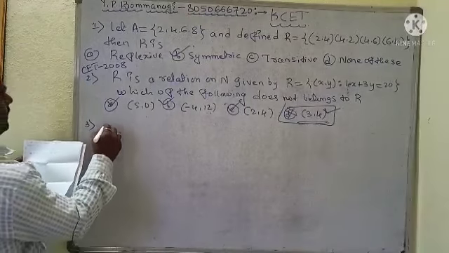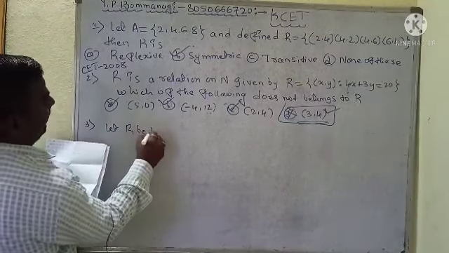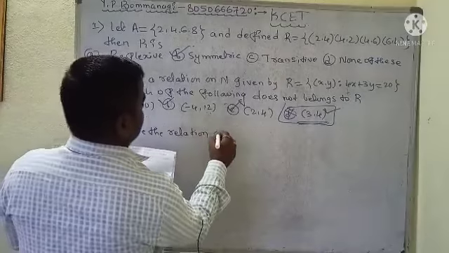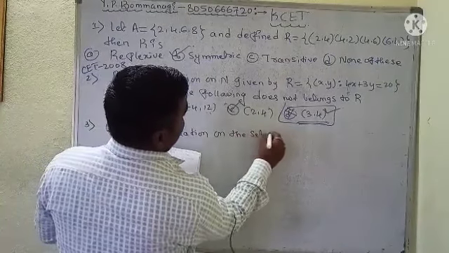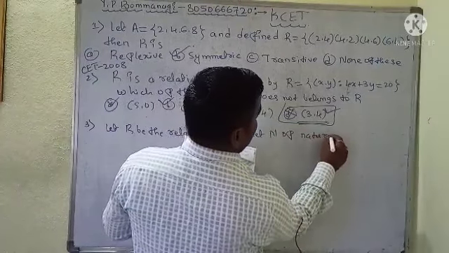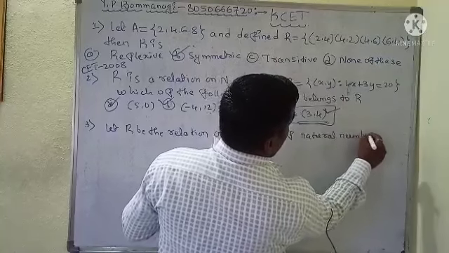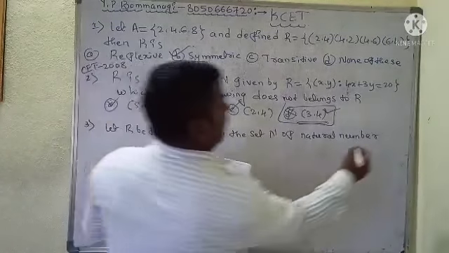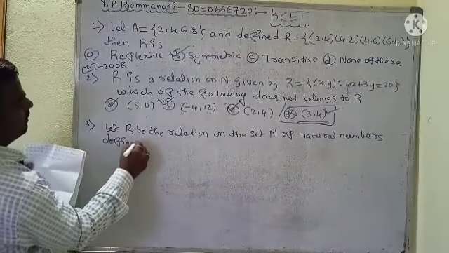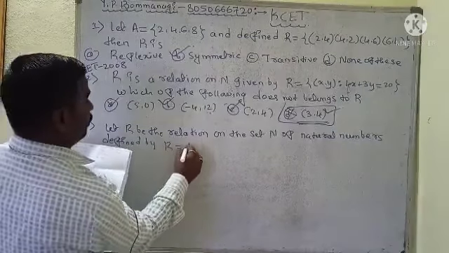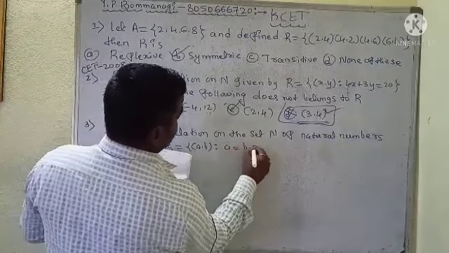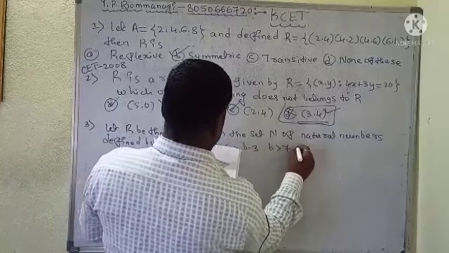Let R be the relation on the set N of natural numbers defined by R equal to {(a, b) such that a is equal to b minus 3, b greater than 7}.